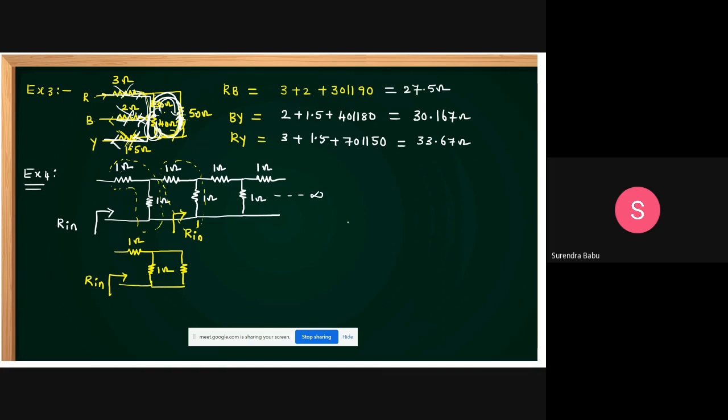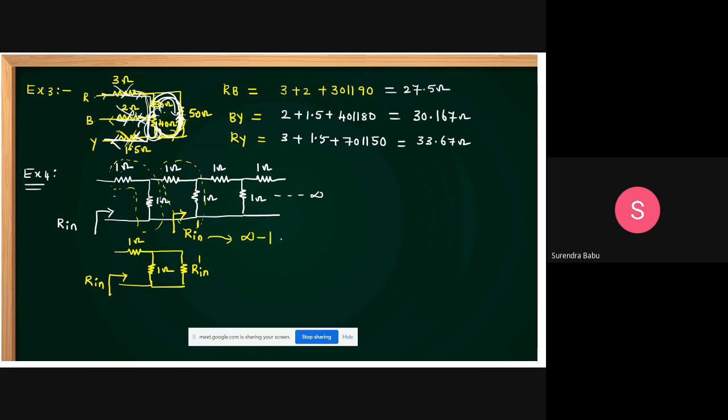Once I removed one branch, how many branches are there in total, students? Infinity. Rin dash is the effective resistance of infinity minus 1 branches.